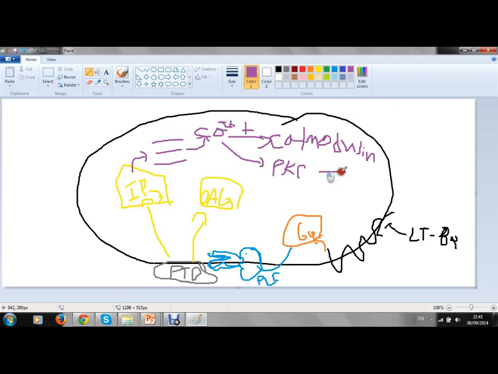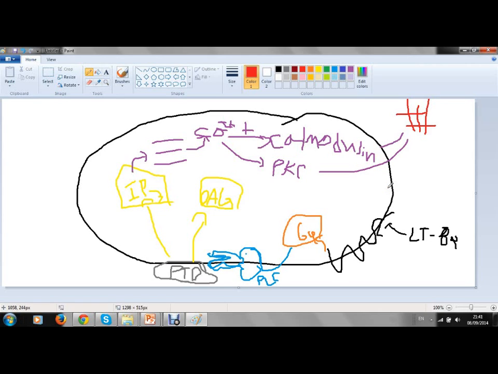So those two will phosphorylate molecules of actin and myosin filaments, and those filaments, when phosphorylated, will activate the motor mechanism of the neutrophils and will cause the movement of the neutrophil towards the site of injury.